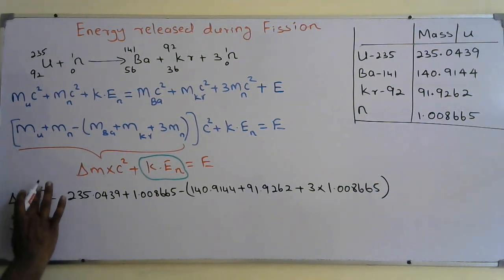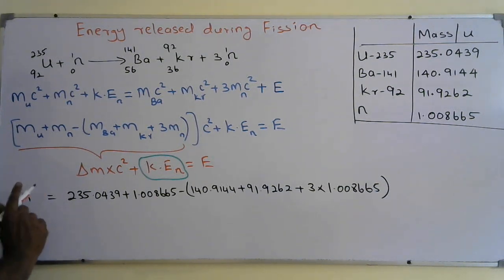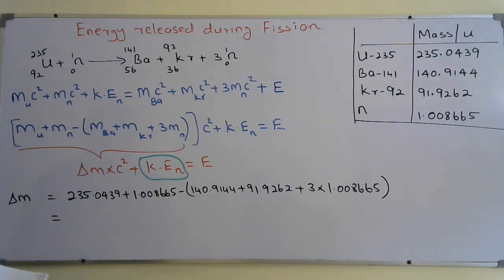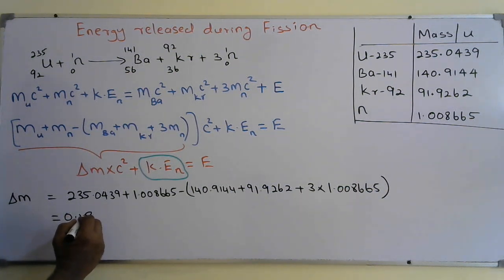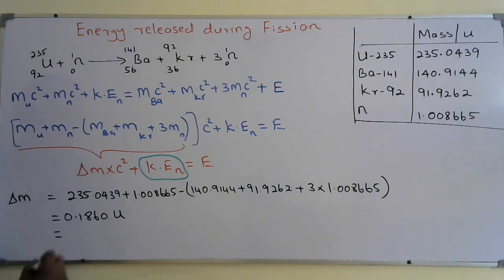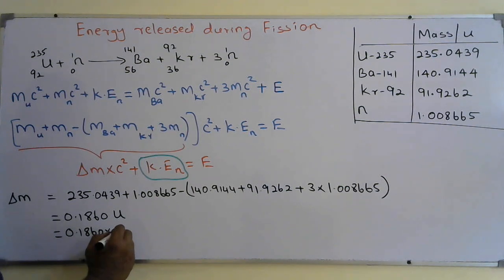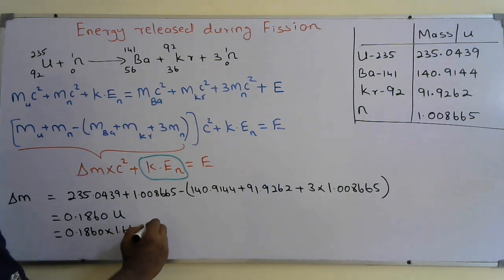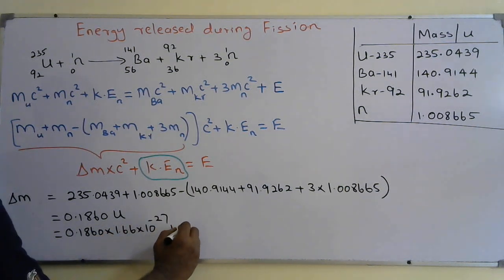Okay, so I'll find the mass deficit first, then multiply by c squared. Finding the mass deficit, you'll get 0.1860 U in unified atomic mass units. Convert to kilograms: 0.1860 times 1.66 times 10 to the power minus 27 kilograms.